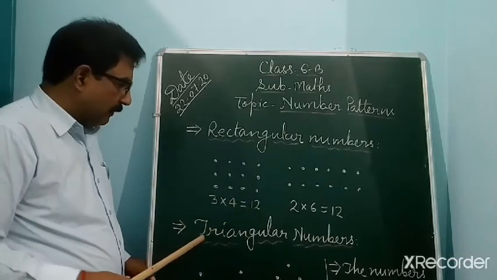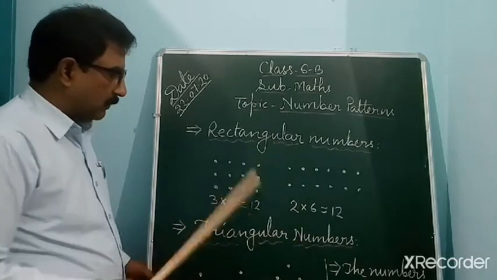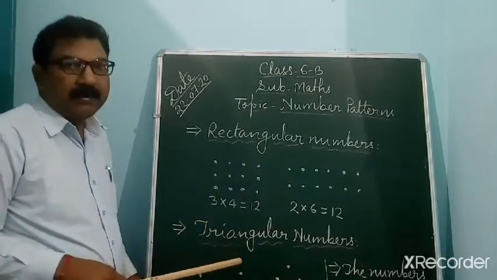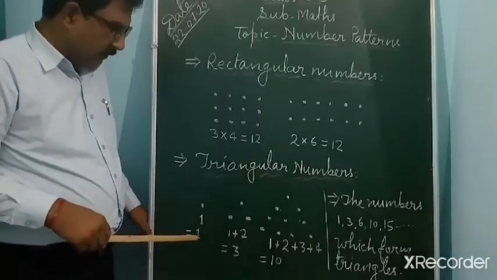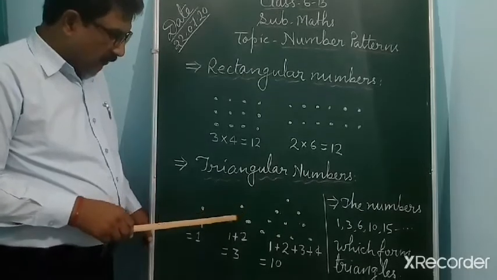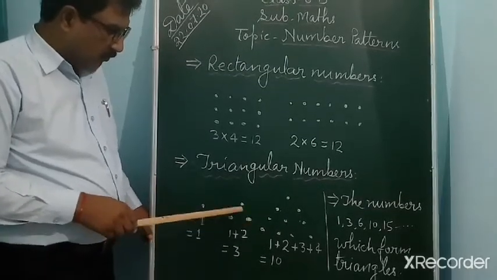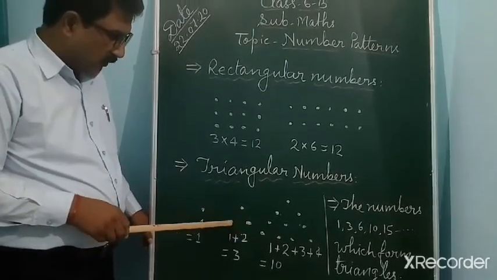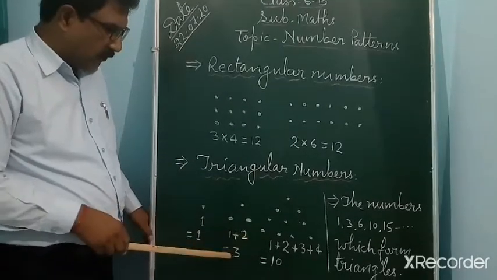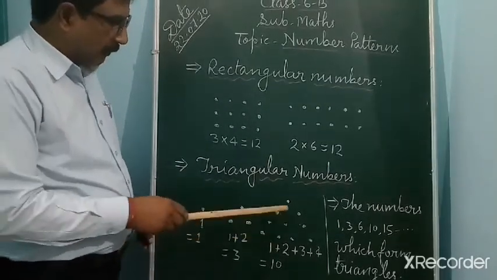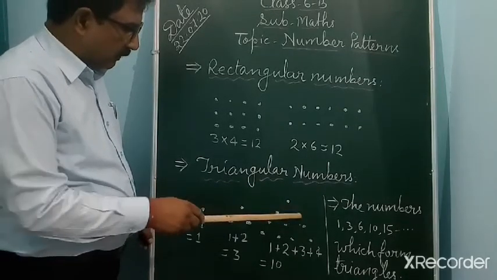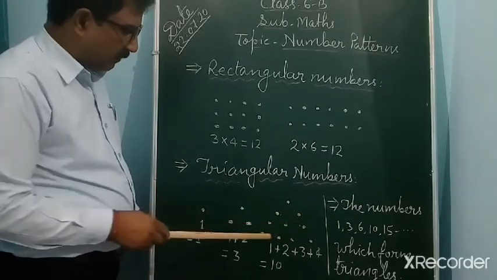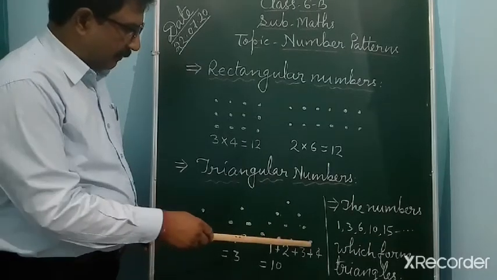Second, triangular numbers. Triangular number means numbers that form triangles. Like this, point 1. You can see 1, then 1, 2. So this is 1 plus 1, 2. 1 plus 2 is equal to 3. Next example: 1, 2, 3, 4, 5, 6, 7, 8, 9, 10.